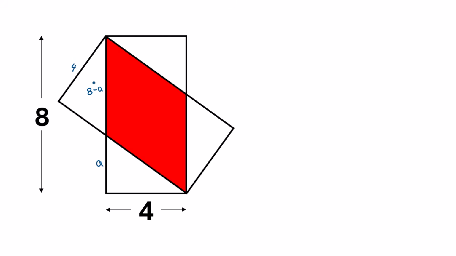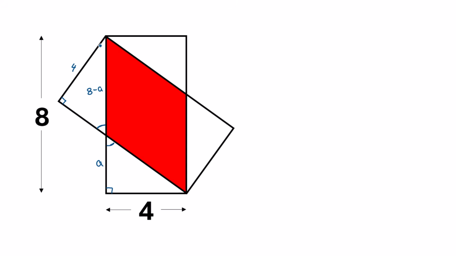Now focus on these two triangles. This angle is equal to this angle, and this angle is 90 degree, as this angle is the angle of this rectangle. So this angle is also 90 degree. So these two angles of this triangle are equal.